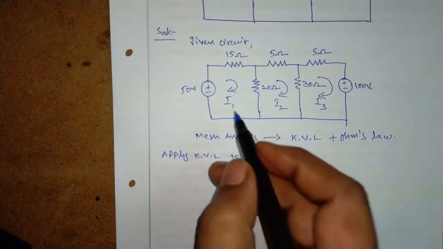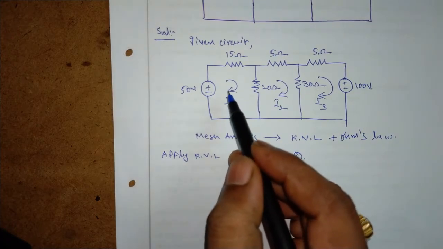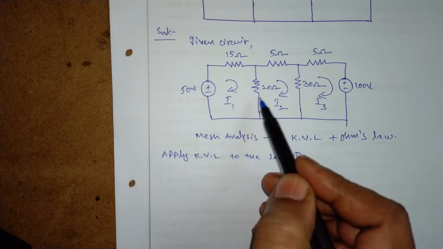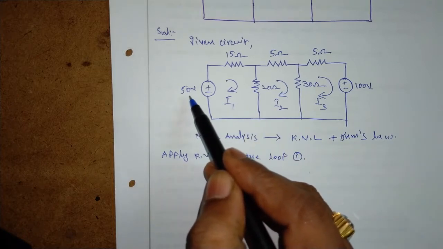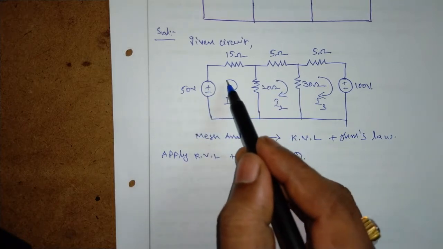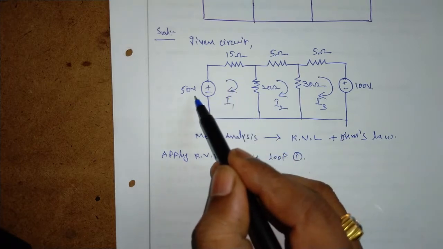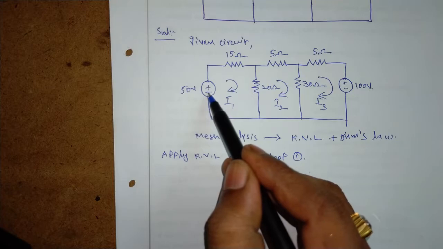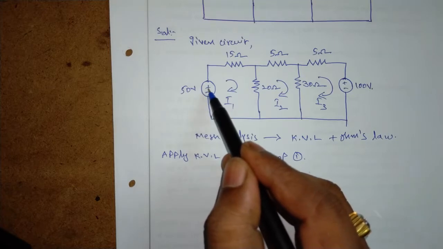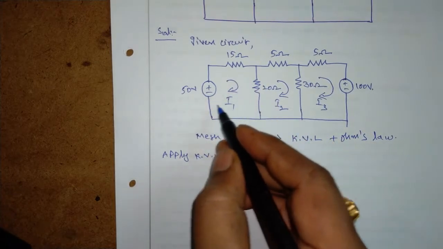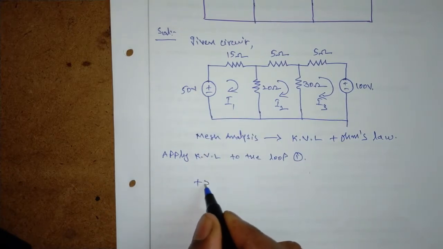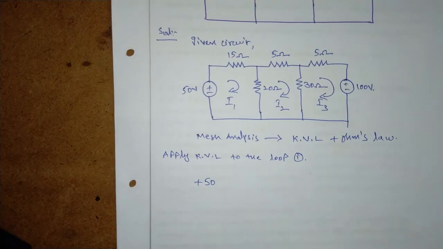Here in this loop 1 we have three elements: 15 ohms resistor, 20 ohms resistor and 50 volts voltage source. Here the current direction in this voltage source is from minus to plus, then it is a potential rise. Take it as plus 50.